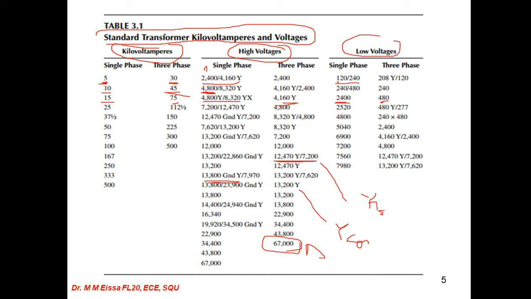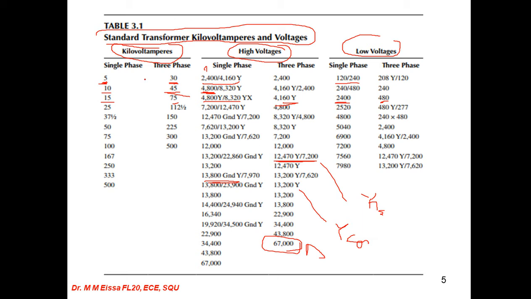120/240. So we have 2 connections here, or 3 connections as well. Here we have 3-phase for 208 and 120 for delta connection, for star connections, and here for center tap with neutral.